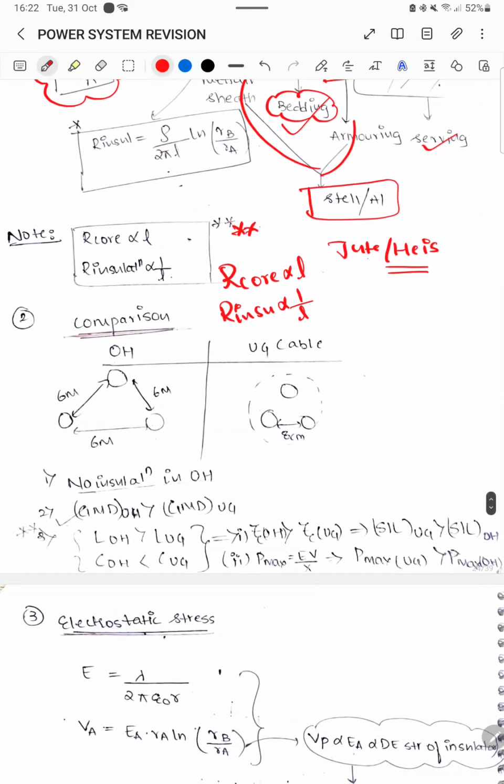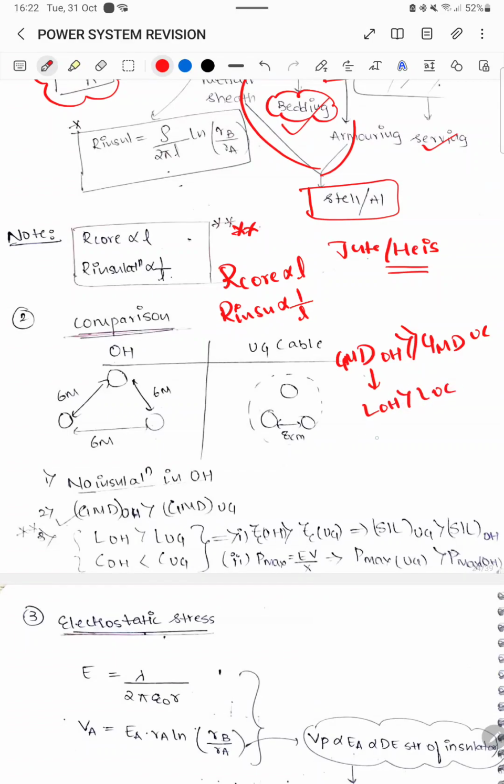Now comparison of overhead lines and underground cables. The major difference here is that GMD of overhead lines is much greater than GMD of underground cable. That will cause L of overhead to be greater than L of underground cable.